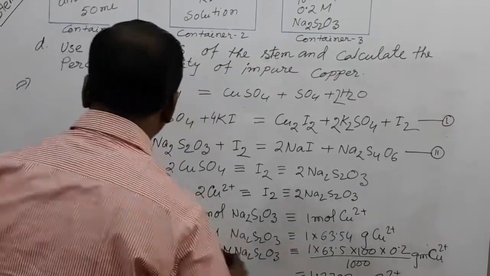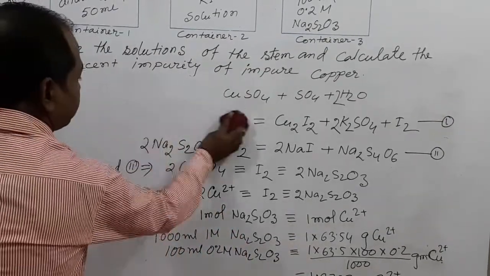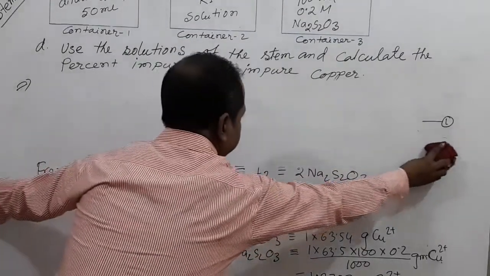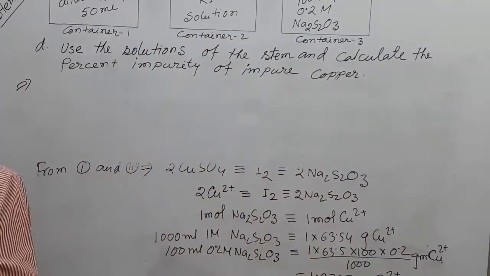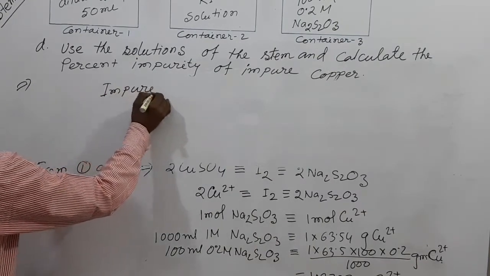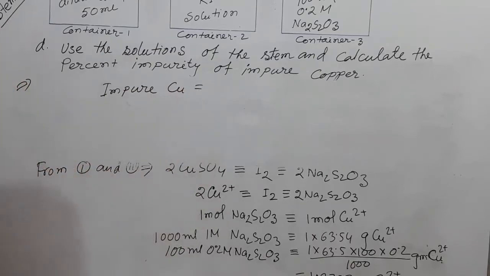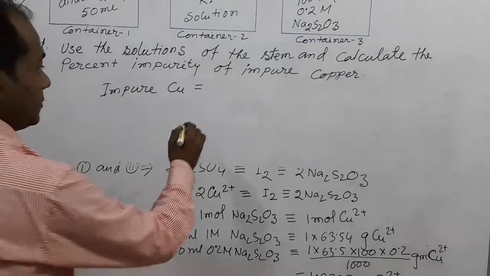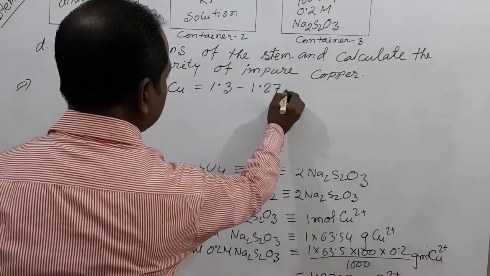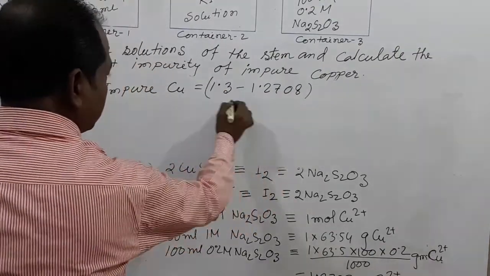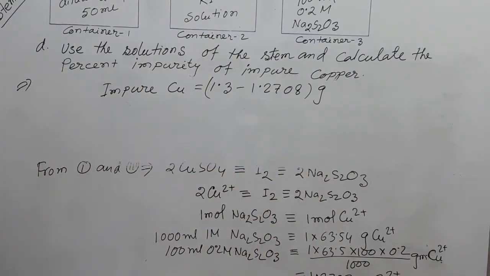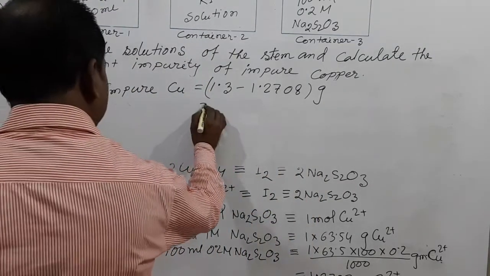Okay, my dear students, now the impure copper: impurity equals 1.3 minus 1.2708 gram, and that is 0.0292 gram.